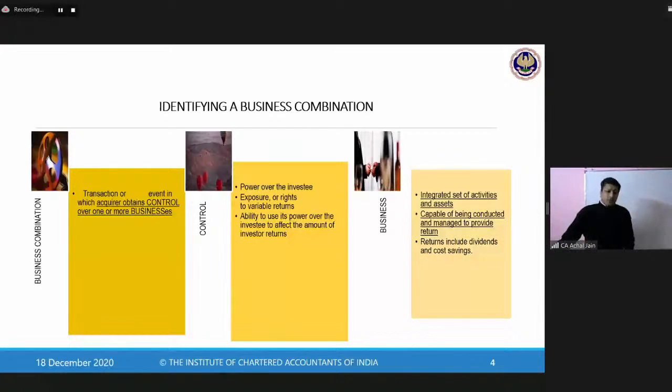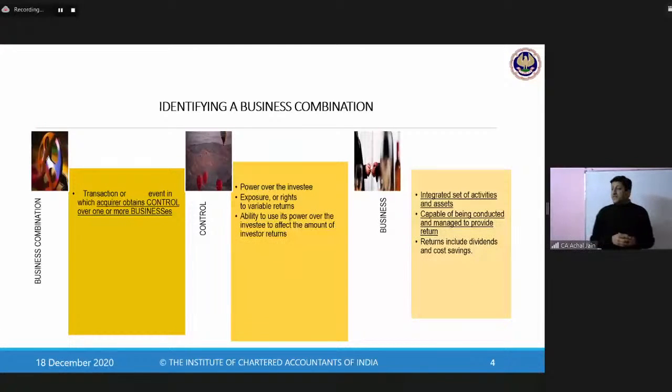Number two, that is about control. Till the time control is not obtained, that means if we acquire a business but the acquirer could not obtain control in respect of that business, then such a business will not be considered to be a business combination. Now, how is control established? This is another thing which we'll have to understand.